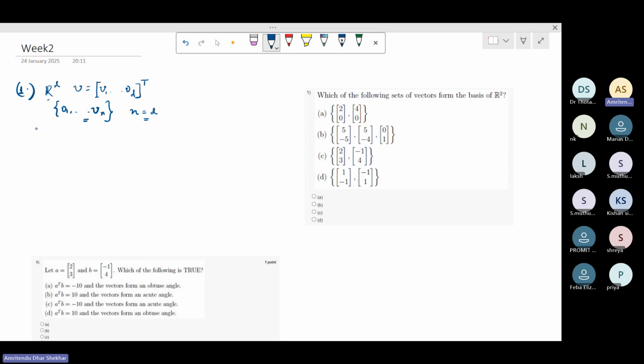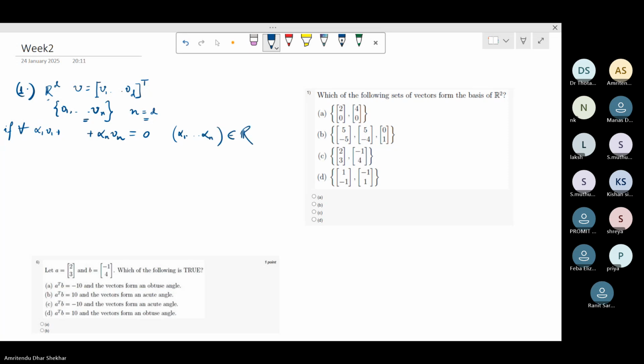So it is going to be independent if for all linear combinations of this form, you have each of these alpha i's to be equal to 0.